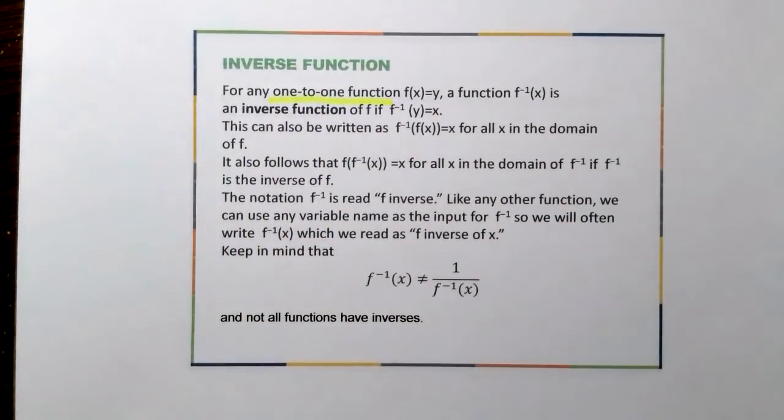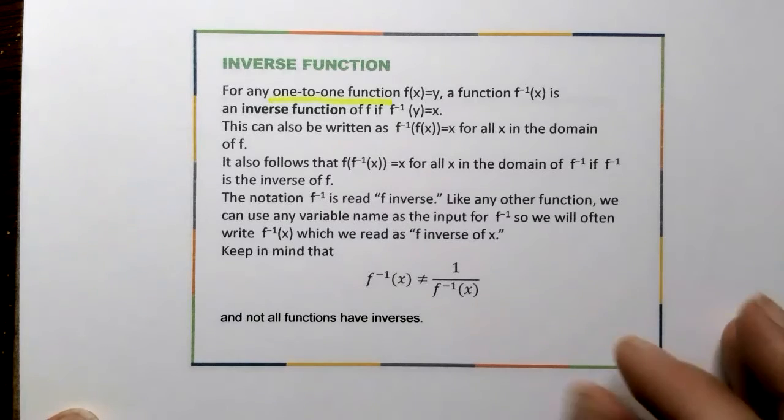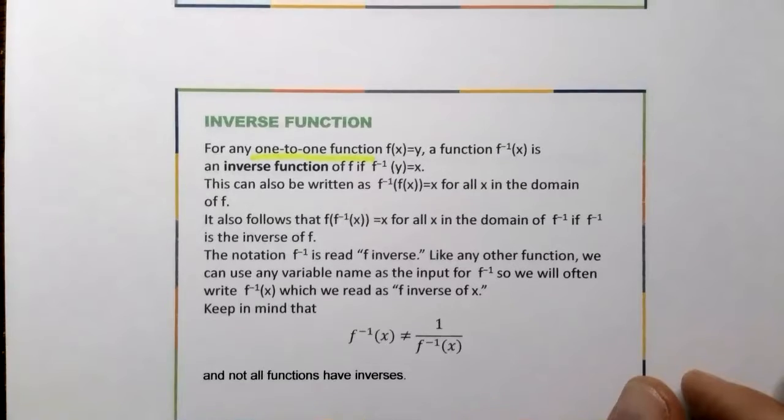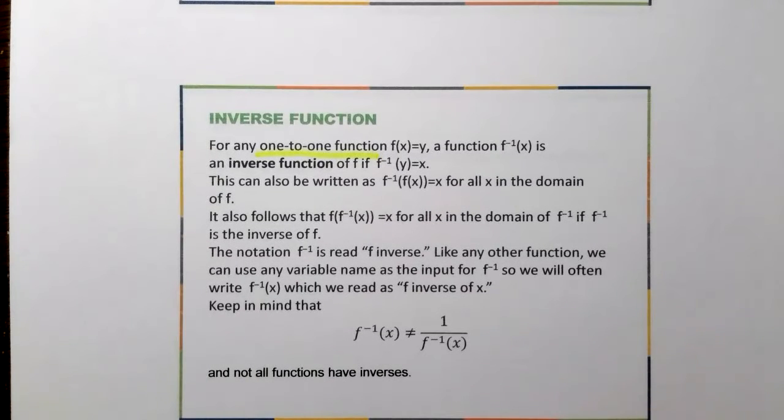One-to-one means that not only does each x have only one output y, but also each output y corresponds to only one input x. So if it's a one-to-one function, it not only passes the vertical line test, but it should also pass a horizontal line test.